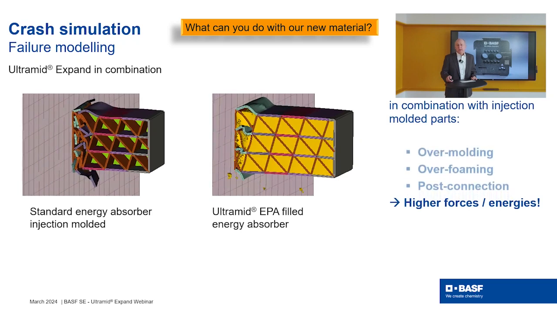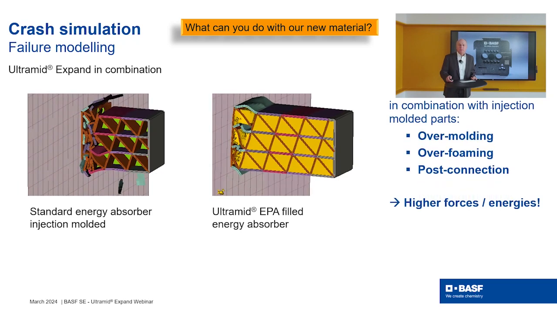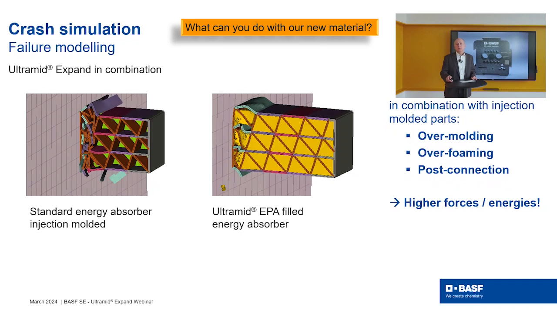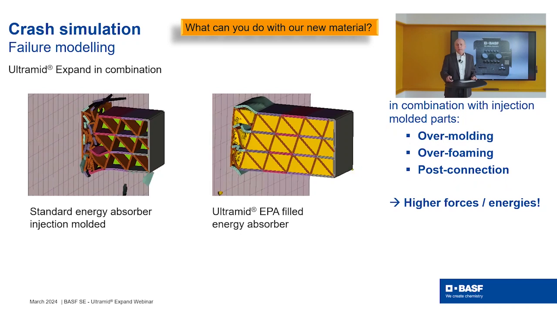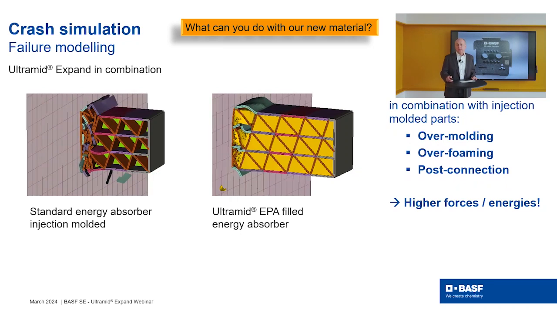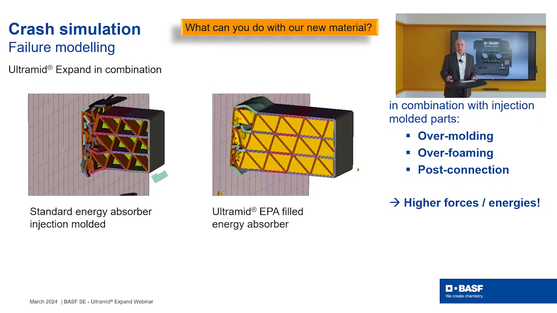And here you can combine injection molded and foamed polyamide by overmolding. You can also do overfoaming, and you can also do a post connection. And all that leads in the end to higher forces and higher energies that you can absorb with that structure.